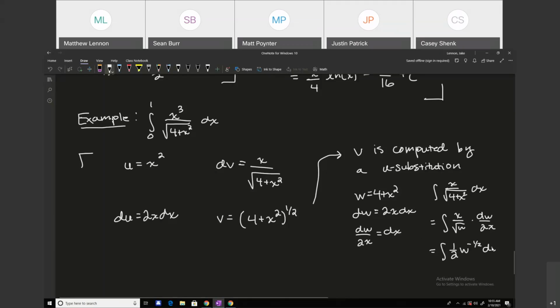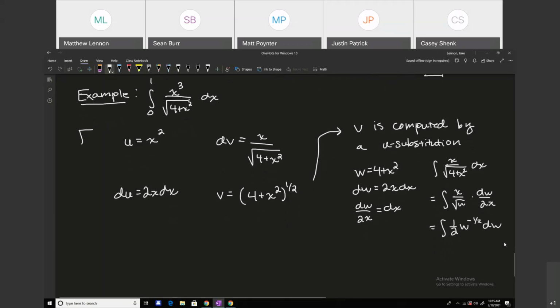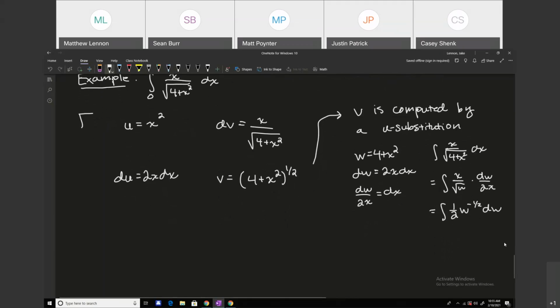That is what the square root is, the 1/2 power, and because it's in the denominator, that's why it's w to the negative 1/2. So then integrating this, we add 1 to the power, which would be 1/2. Dividing by 1/2 would be the same as multiplying by 2. So we get 2 times 1/2, w to the 1/2, and that's just w to the 1/2, or as we said for v, 4 plus x squared to the 1/2 power.